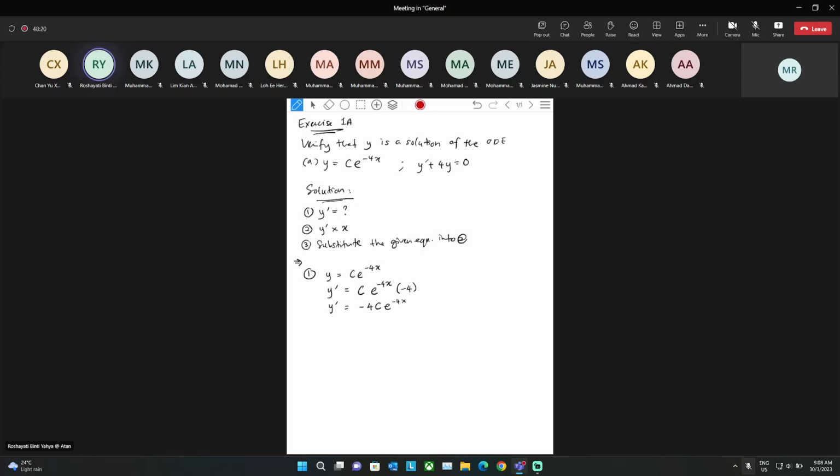Have you got the same as my answer? Yes, Dr. Okay, y prime. After that, the second step, multiply with x. So you have y prime equal to negative 4C exponential negative 4x, multiply with x.